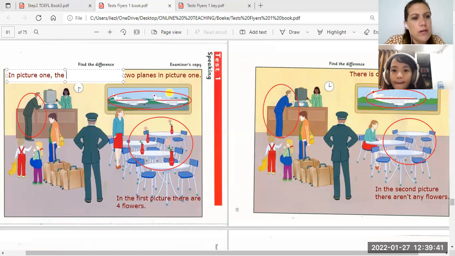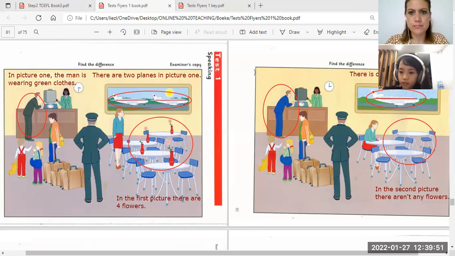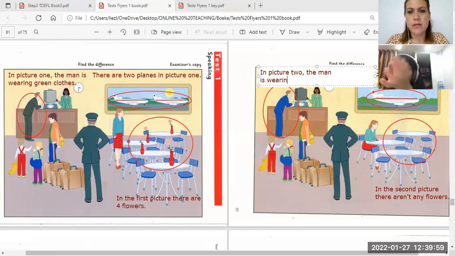In picture 1, the man is wearing green clothes. In picture 2, the man is wearing blue clothes. Okay, next one.